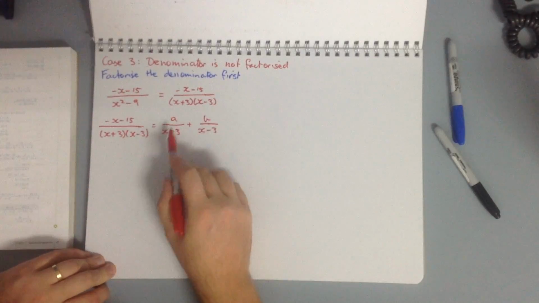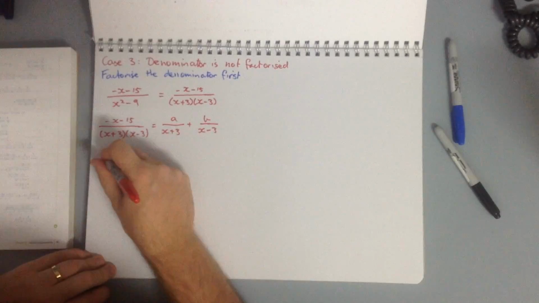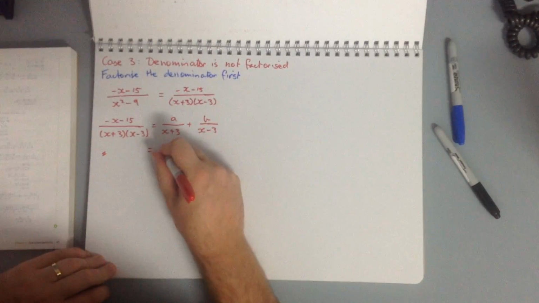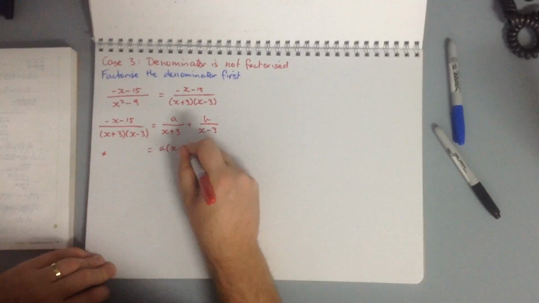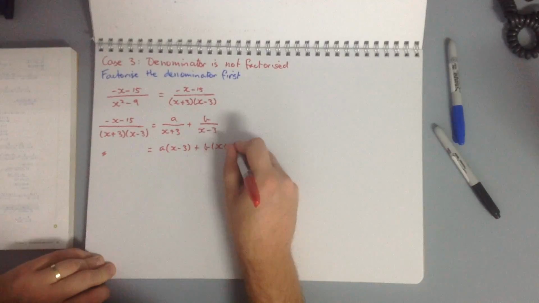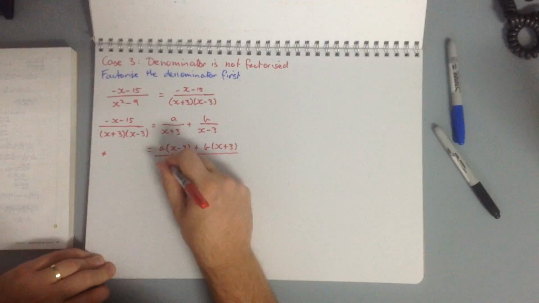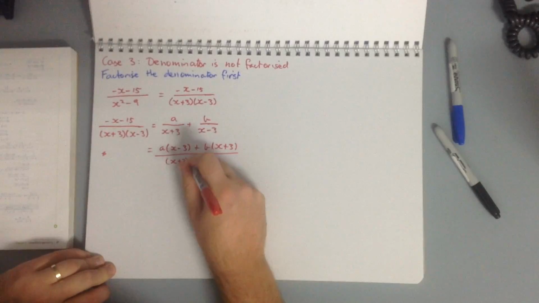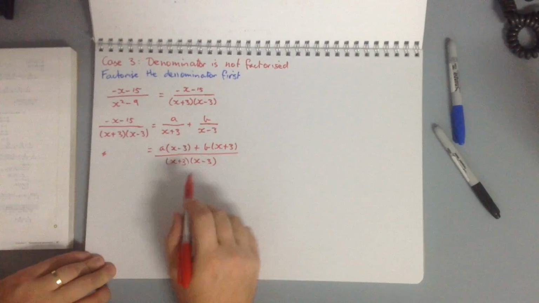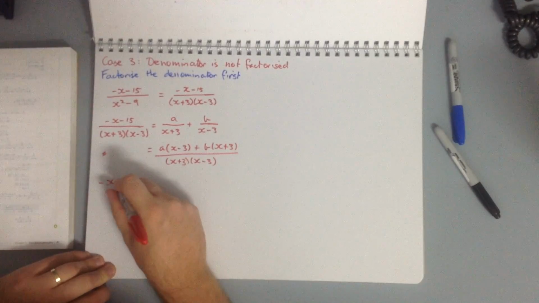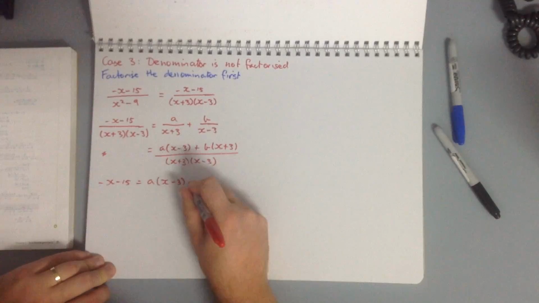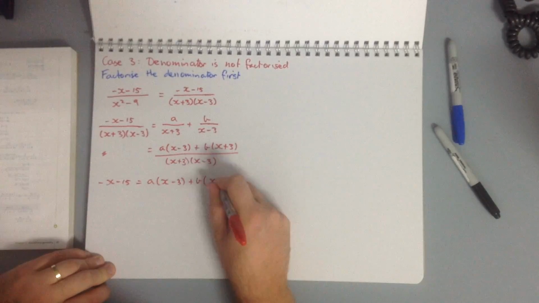Do our cross multiplication: this is equal to a times (x minus 3) plus b times (x plus 3) over (x plus 3)(x take 3). Now we can equate our numerators, so we've got negative x take 15 equals a times (x take 3) plus b times (x plus 3).